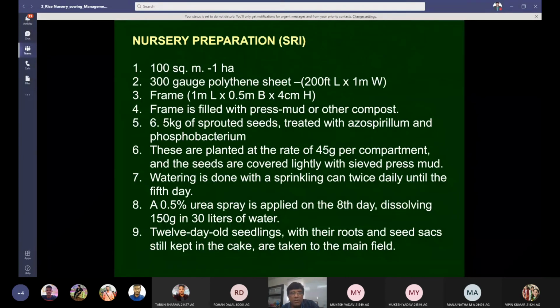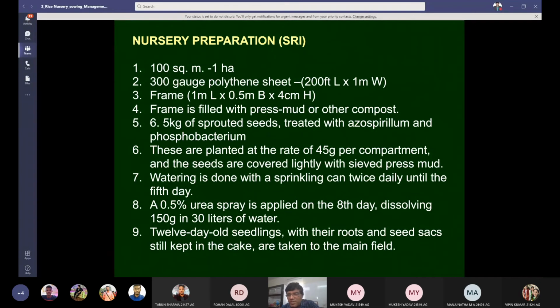Now the other is SRI, System of Rice Intensification. I may take one lecture on SRI later, but in SRI also you need special attention to prepare the nursery. So in brief, I am giving you information about preparation of the nursery for SRI. I will explain later. You need a very small area for this, 100 square meter for transplanting one area.